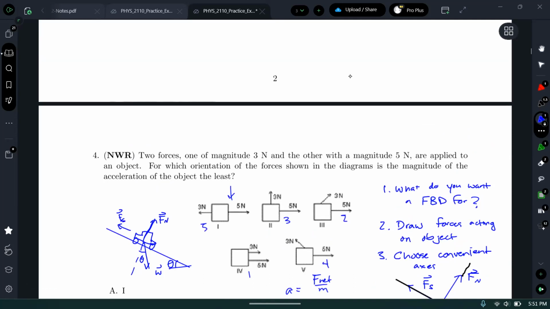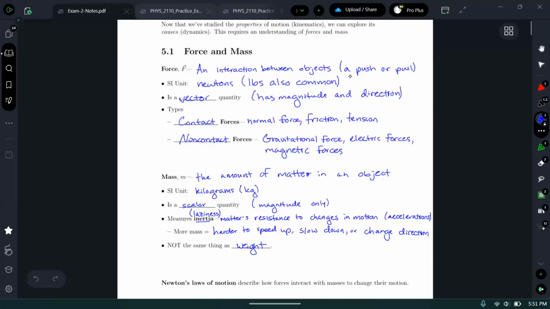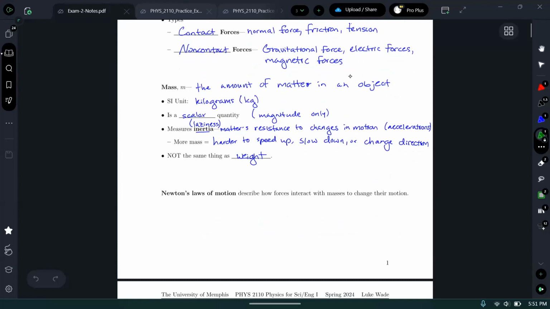Okay. Well, if there are no immediate questions, I'll say some things about the notes. It's probably pretty clear that any conceptual stuff is going to relate to what Newton's laws say.